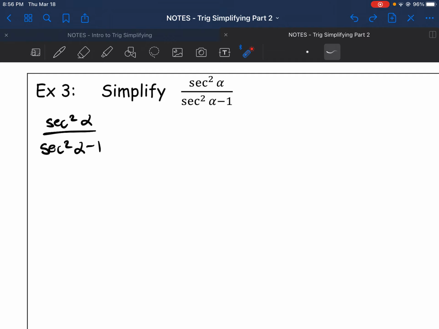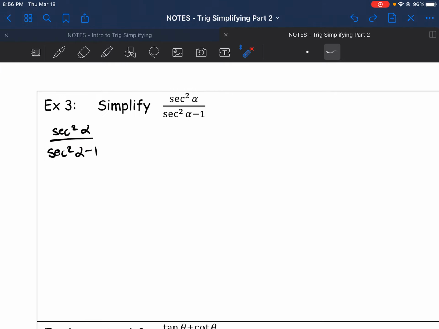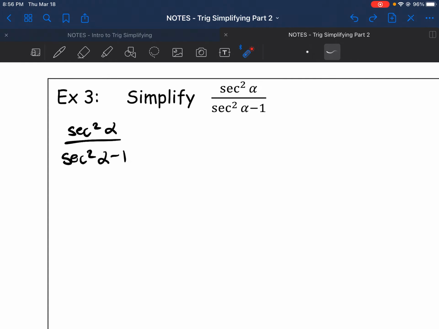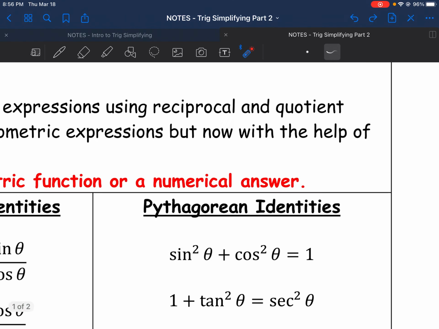We'd probably look at the secant squared theta and want to immediately turn it into 1 over cosine squared. But we actually don't want to do this in this problem, because notice this is a secant squared alpha minus 1. When you see a secant squared and a minus 1 with it, one thing that should really be jumping into your mind are the Pythagorean identities.